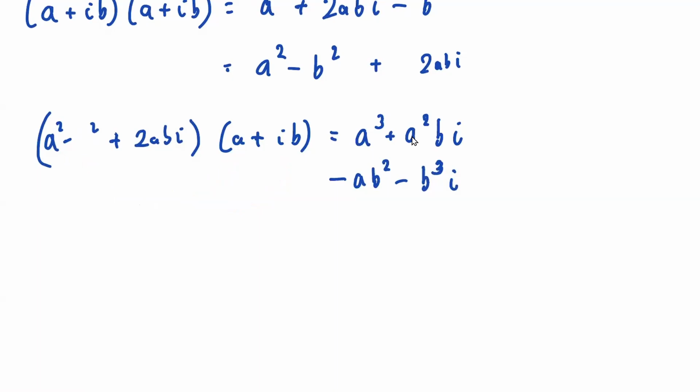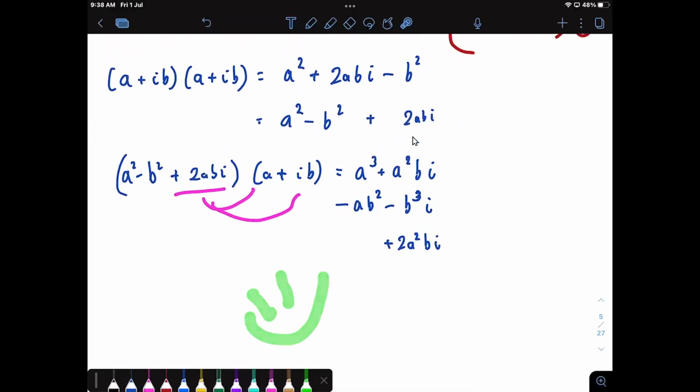So next, the third one, multiply. So 2ABI times A is 2A squared BI. I think so, yep. So plus 2A squared BI. Maybe I'll put it on the left here. And for the next one, maybe I'll change the screen, change it to screen mode. Okay, good. So 2ABI, you want to multiply by the next guy, IB.